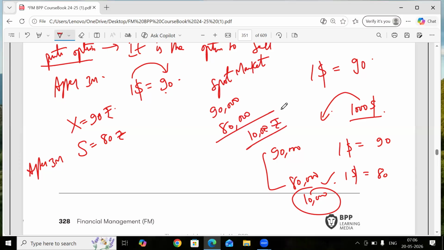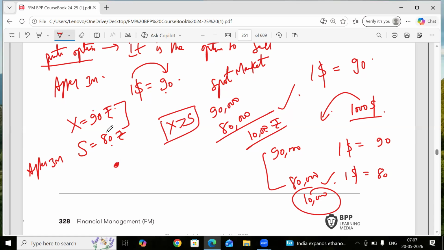But this loss you're going to cover up in the option market, because put option is going to give you this 10,000 back. How? You made the contract for $1,000. So put option, you will exercise the put option because your strike price is more than spot price. Okay. To sell at 90, you can buy at 80. Buy at 80, sell at 90. You will get a gain of 10. Okay.